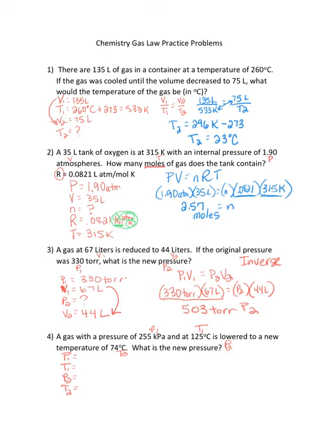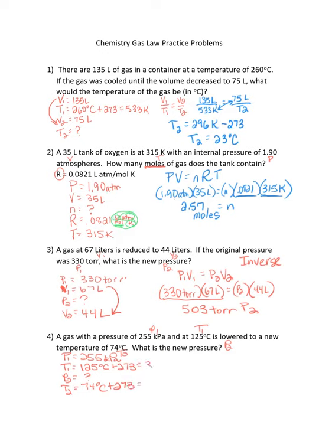So we have P1 is 255 kilopascals. T1 is 125 degrees Celsius. P2 is what we're looking to find, and T2 is 74 degrees Celsius. Quick check of units tells me my degrees Celsius have to be converted. We have to add 273.